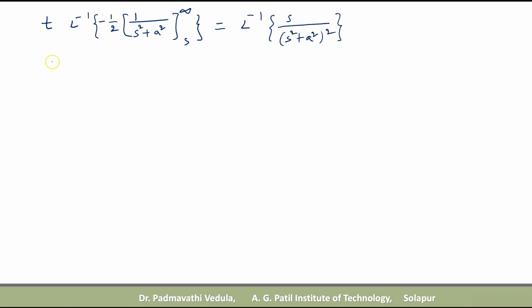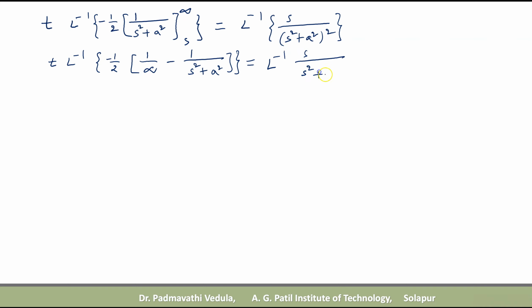Now let us apply limits. So t into L inverse of minus 1 by 2 into 1 by infinity plus a square, so 1 by infinity minus 1 by s square plus a square, equals L inverse of s by (s square plus a square) whole square.